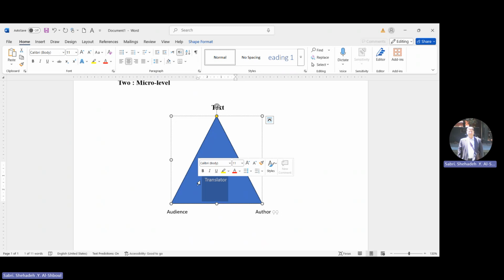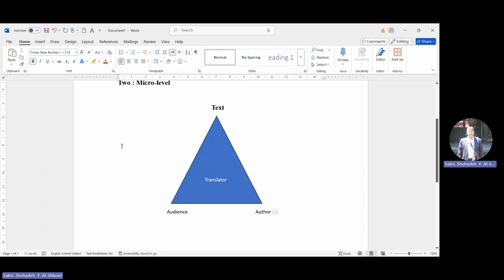These factors of context, or contextual factors, typically may be diagrammatically represented in this triangle. So we have at the top of the triangle the text, here the audience, here the author, and in between we have the translator, who is going to be the major element in this equilateral triangle, with the first three occupying text, audience, and author.